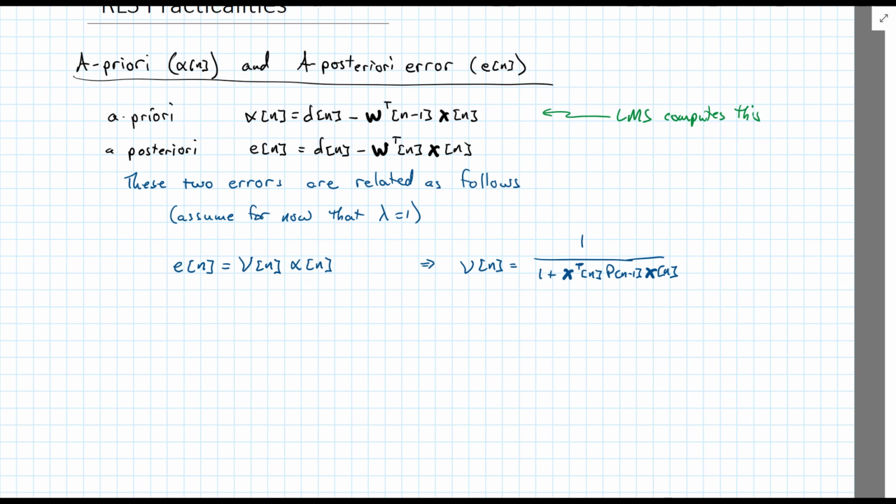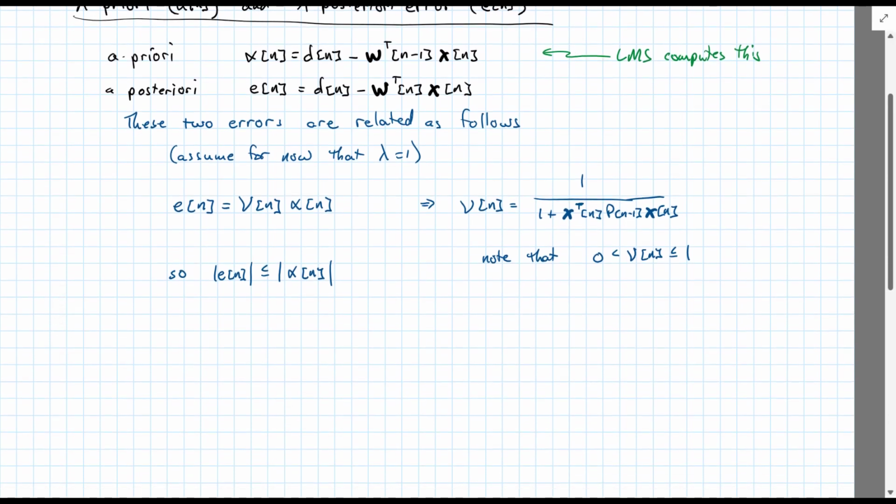And we can also note that nu is going to be greater than 0, and it's going to be less than or equal to 1. So the magnitude of e, our a posteriori error, is always going to be less than or equal to the magnitude of alpha.